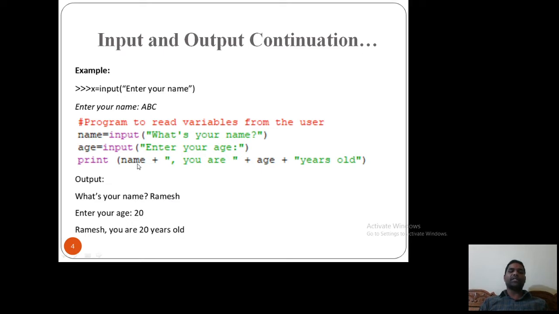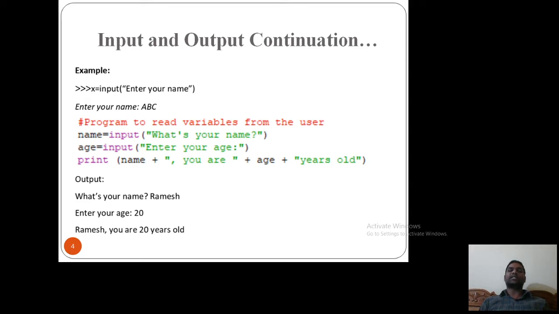So the output is name Ramesh, you are age 20 years old. This is how this program will work. So this is how we can take input from the user. We will see a detailed explanation of various types of inputs in our practical session.